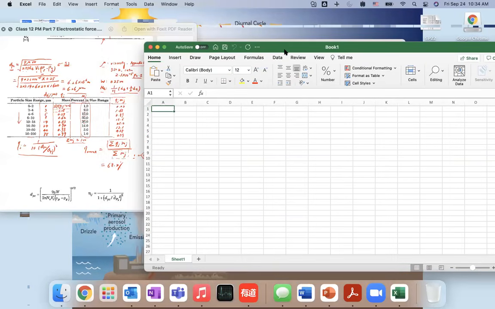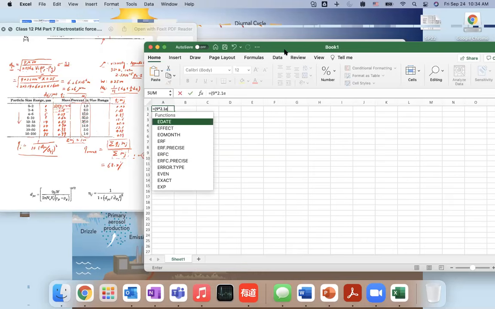So now if we just plug in all of these values, right? So that's gonna be 9 multiplied by 2.1 multiplied by E minus 5.